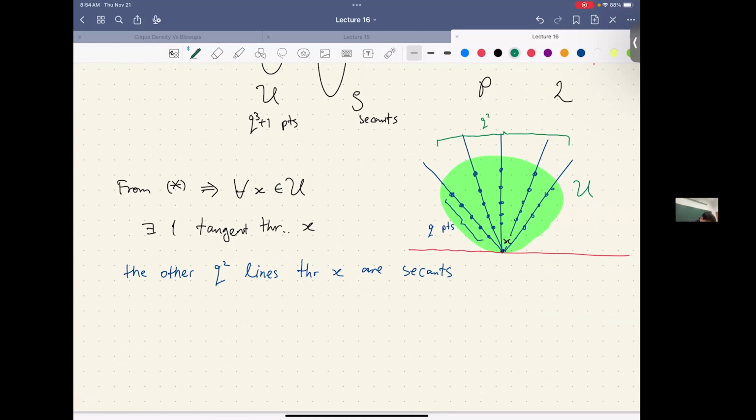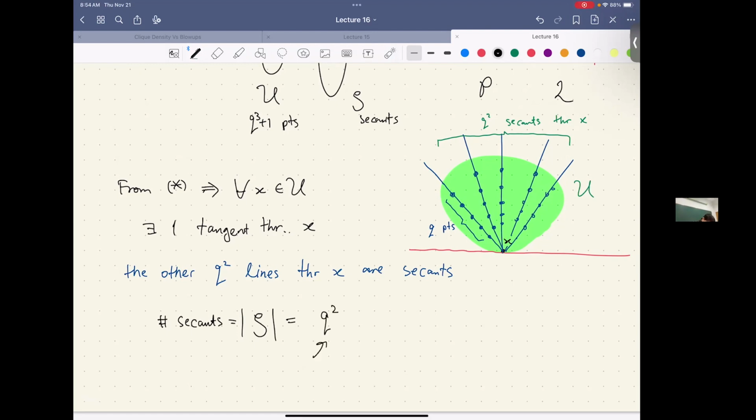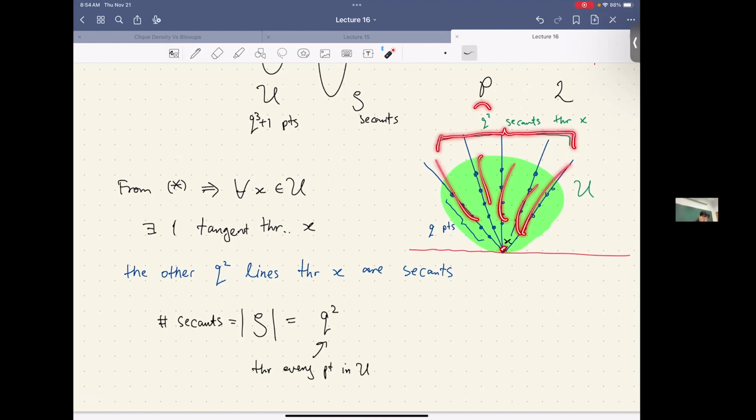Q squared secants through X. Now we can do double counting. The number of secants, the cardinality of S, equals, for every point in U, q squared secants through it.